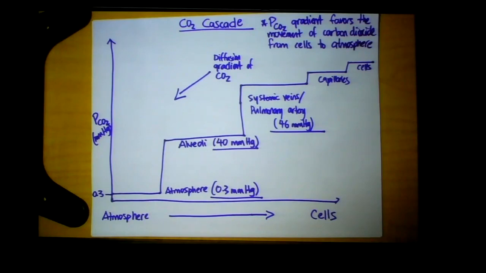Okay, so we've got a gradient for the partial pressure of CO2 occurring in the opposite direction.